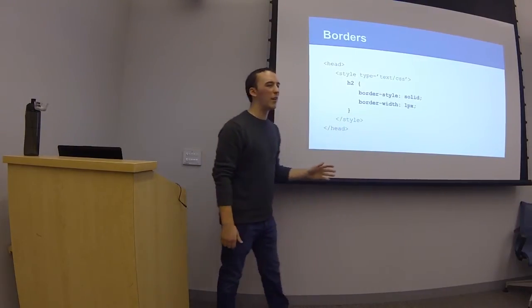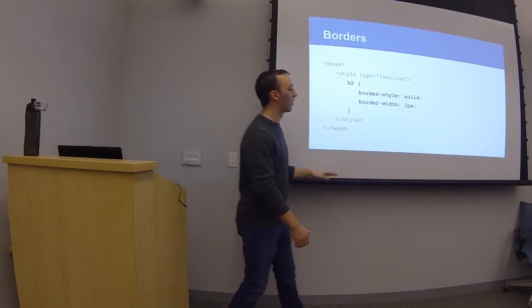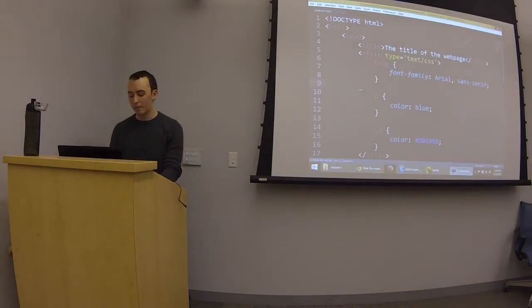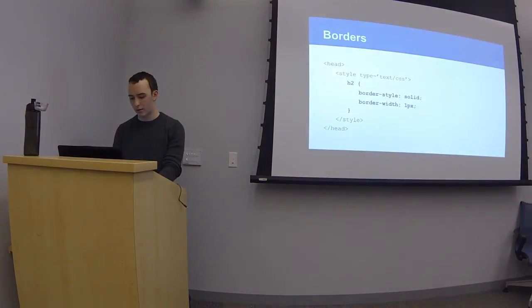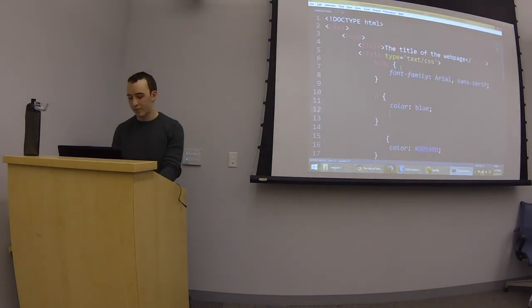By default, I think it's like 3 pixels, but I like 1 pixel a lot, so I'm going to do 1 pixel, which is just border width, 1 pixel. So let's see, I'll do it on the paragraph.